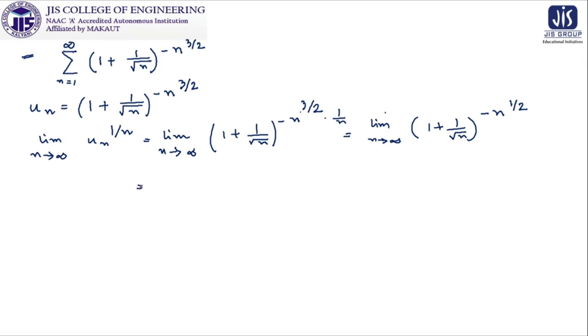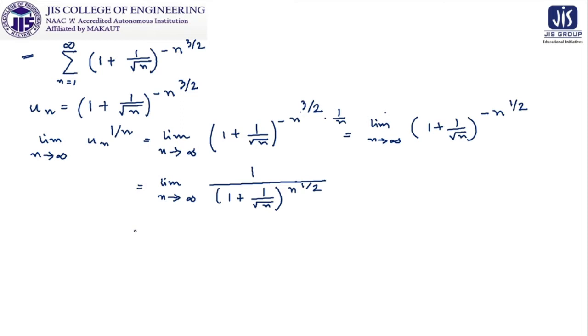In the next line we can write it as limit n tends to infinity 1 by (1 plus 1 by root over n) whole to the power n to the power half, as the power has a minus.